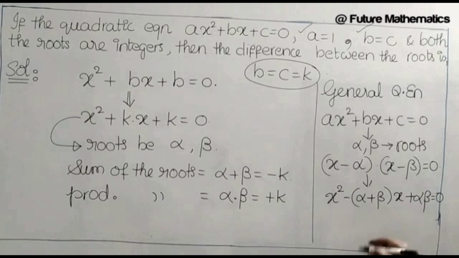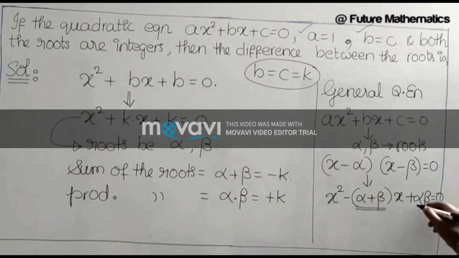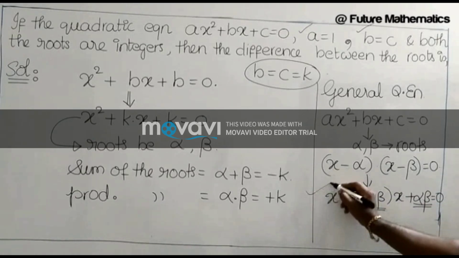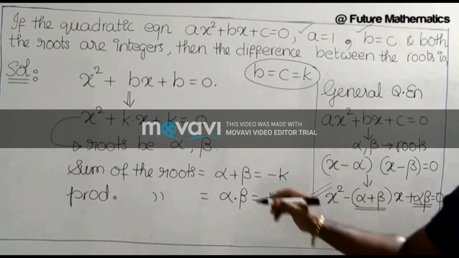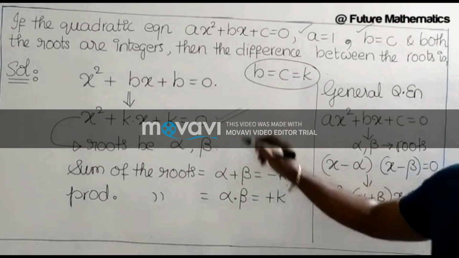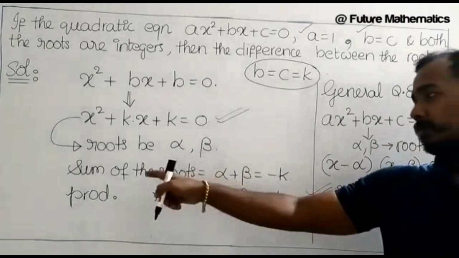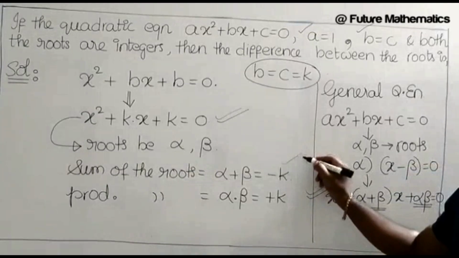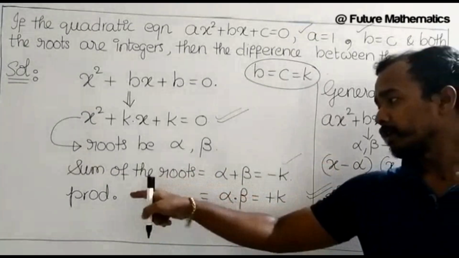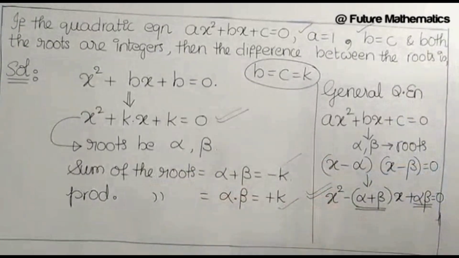And now here you have the sum of the roots alpha plus beta, and the product of the roots alpha beta. Now just compare this equation with this equation, and then we get the sum of the roots equal to negative k, and the product of the roots positive k.